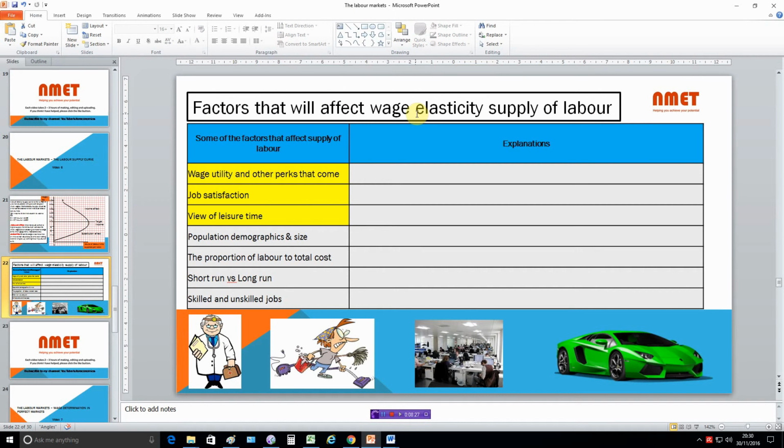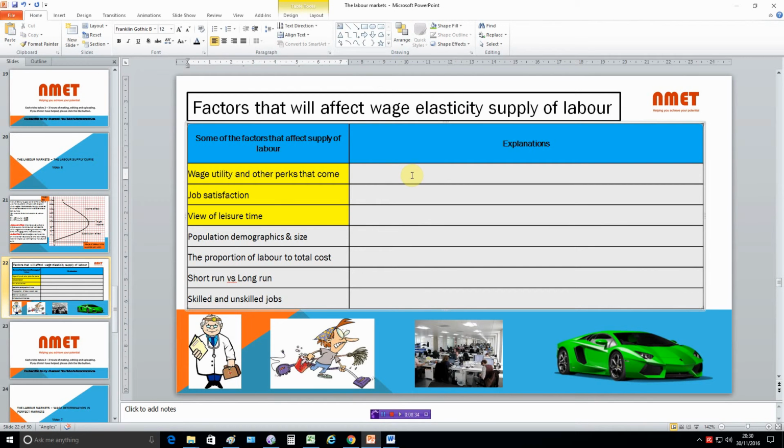Factors that will affect the supply of labor curve and the wage elasticity. When you go into the market looking for work, you look at the wage utility. It means the amount of money that's being paid to you and the number of goods you can actually buy with it, the affordability.